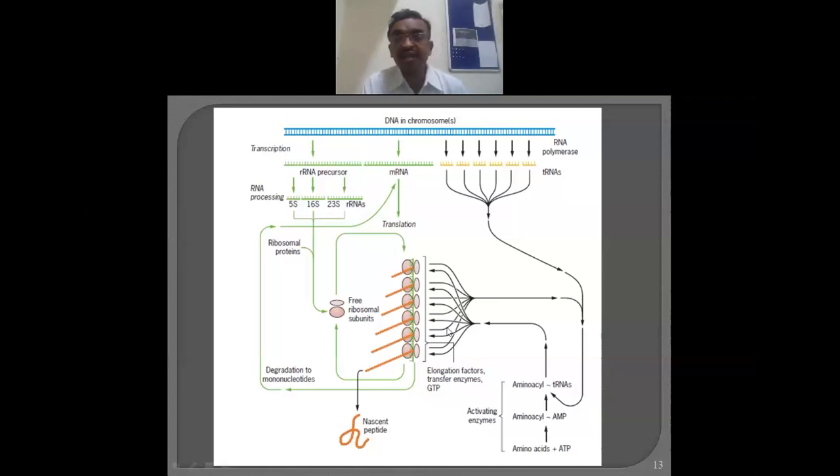I suggest that you discover such proteins, short peptides, which are synthesized in the absence of a ribosome. It is a home assignment for all of you. Search out such short peptides which are synthesized enzymatically. Enzymatically means without taking help of a ribosome.